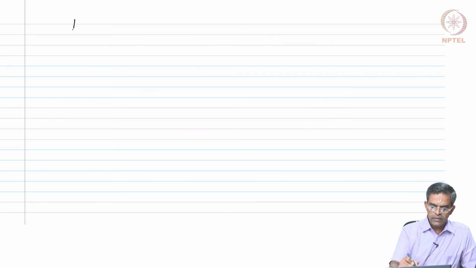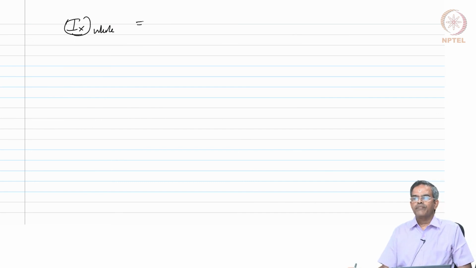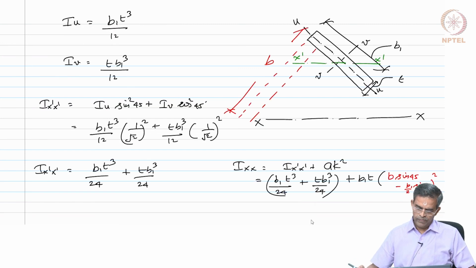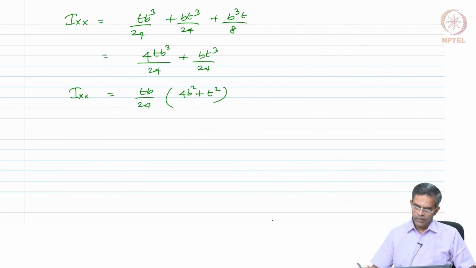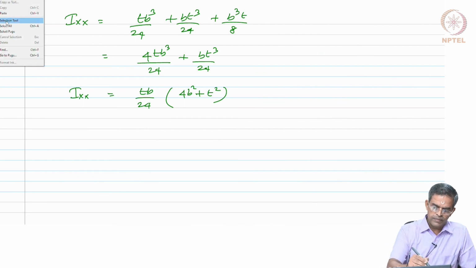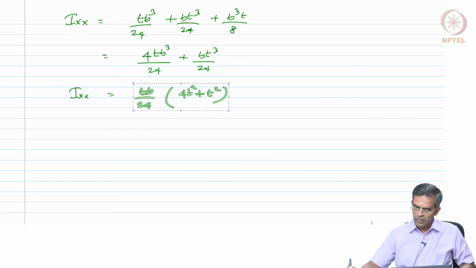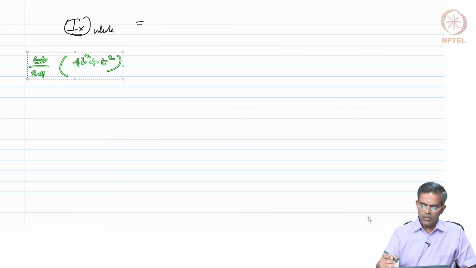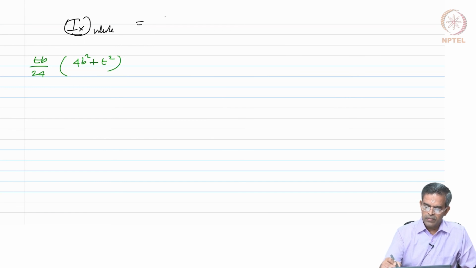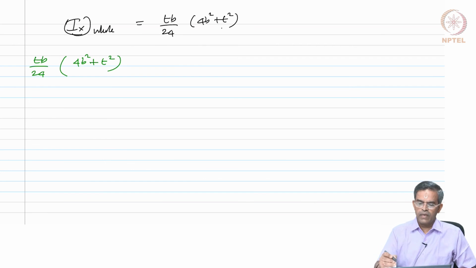So, now we can say Ixx of the whole section will be, let us say, the piece number, this value, I am copying it here, which I am writing it here, TB by 24 4B square plus T square, okay.